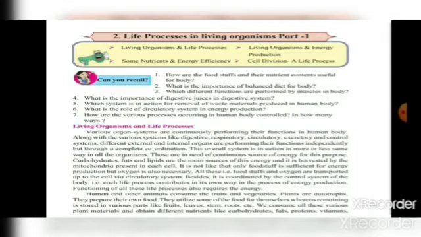This oxygen carries out oxidation of nutrients and thus energy is produced. The energy helps the body to carry out all its functions. The nutrients help in the growth and development of the body.